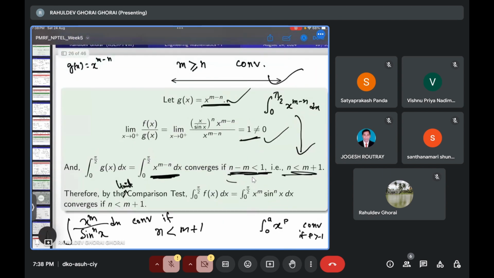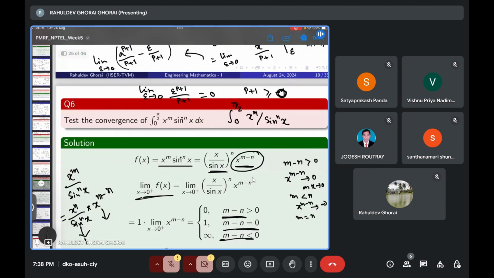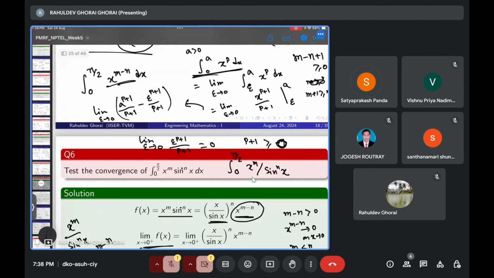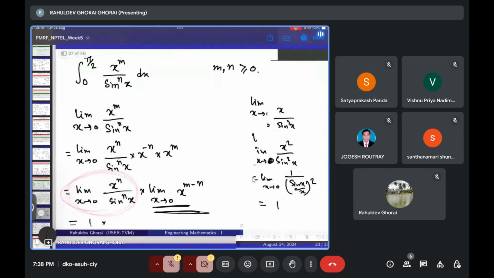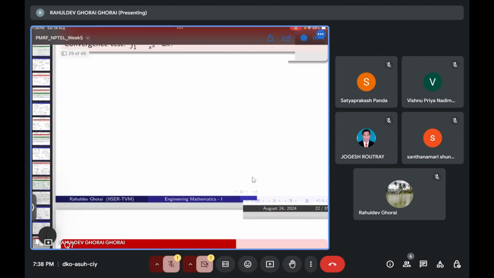I think for equal to n also it will be true. So if m plus 1 equals n, then also it will be fine. Is it correct now? Yes, sir. Okay, so let's move to the next one.